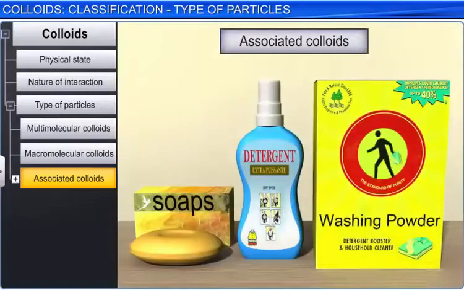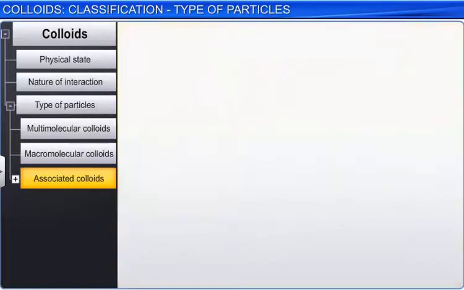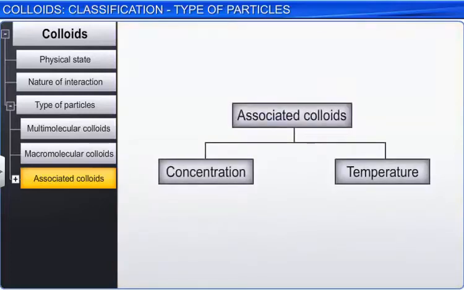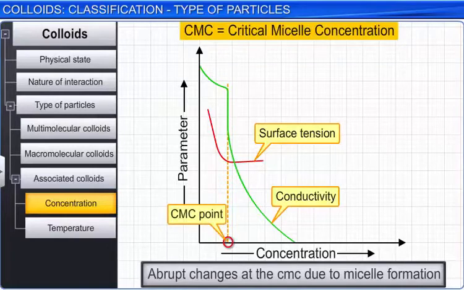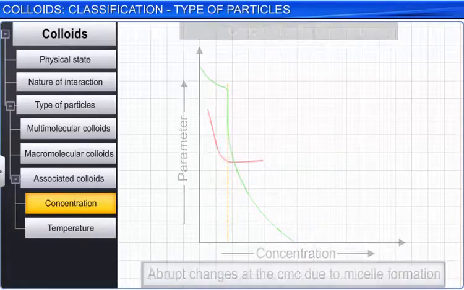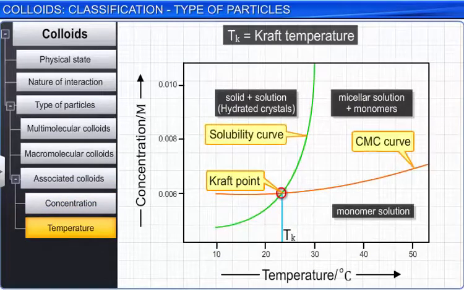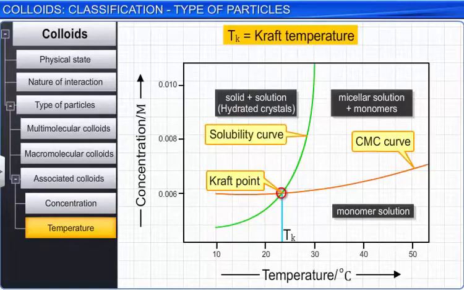The formation of micelle depends upon two factors: the concentration of the dispersed phase and the temperature. The formation of micelle takes place above a certain concentration called critical micelle concentration, or CMC, and above a particular temperature known as Kraft temperature, or TK.